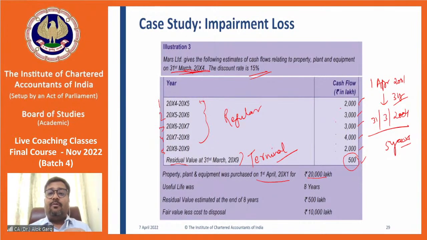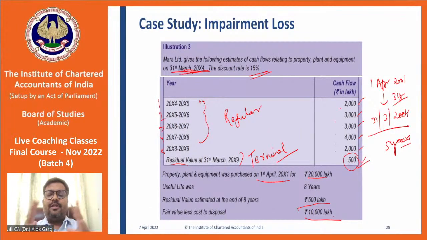And you have to calculate something on 31st March 2004. The useful life was 8 years. The residual value estimated at the end of 8 years is 500 lakhs, which is given in the question. And the fair value less cost to sell on 31st March 2004 is given, which is 10,000 lakhs.